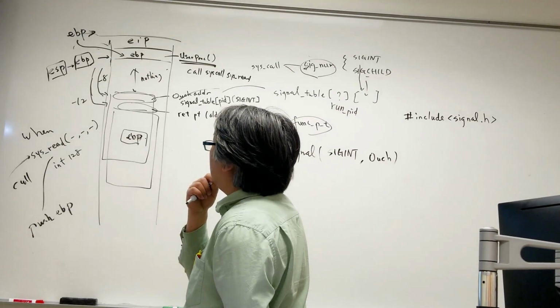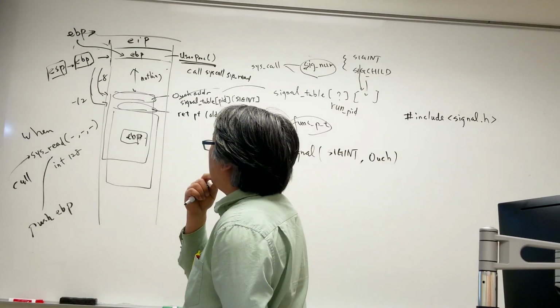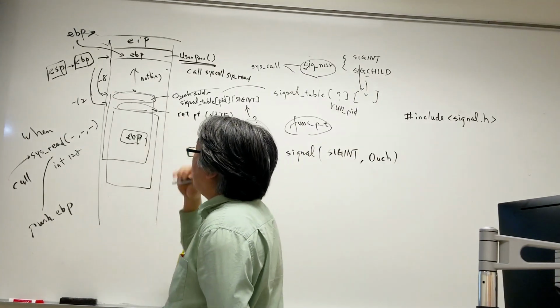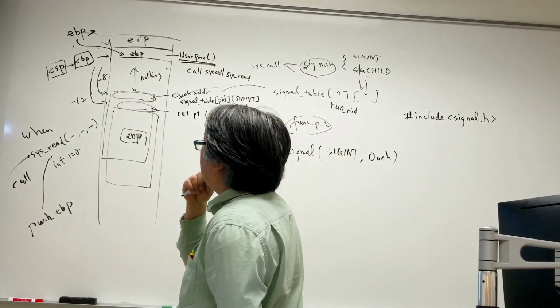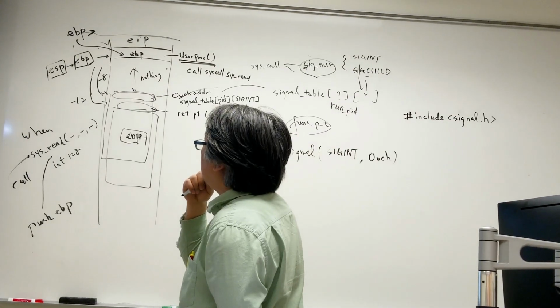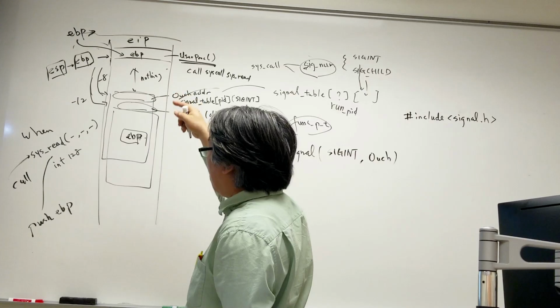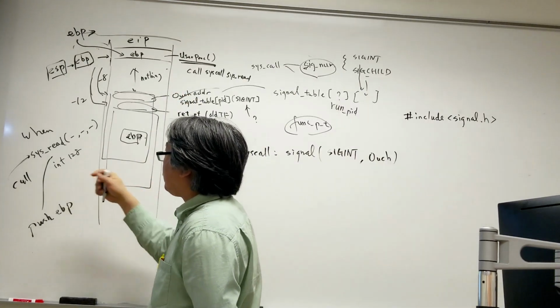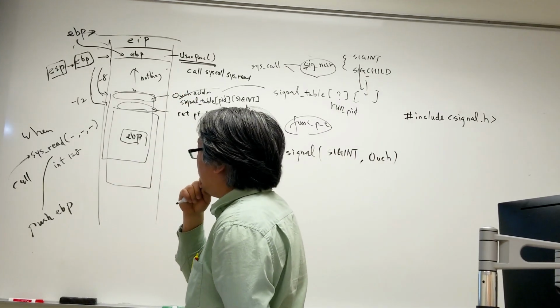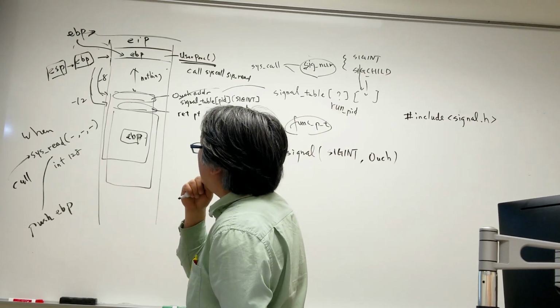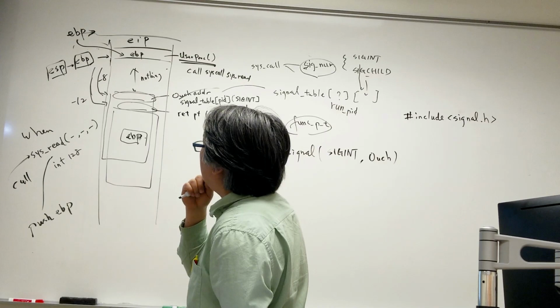Was it not minus 4, minus 8? It's minus 8, minus 12. Yeah, minus 8, minus 12. So that is the wrong place. It's not the right place. You come down from where the EBP points to, in the sysread. In the sysread, the 3 arguments are on top. EBP plus 4, 8, 12.